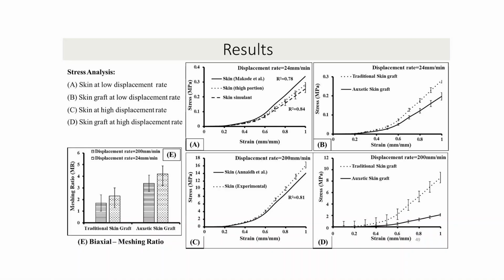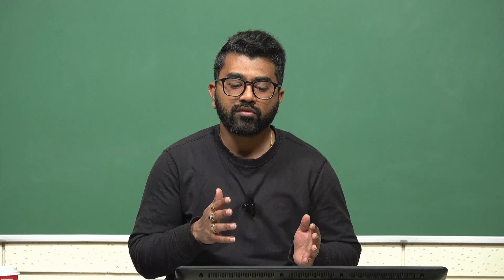By the way, this research, with just some preliminary data collected on the cadaveric skin, was conducted after we had published 10 plus articles where we looked at different designs of the auxetics. We compared them with traditional grafts, did finite element studies, and did lots of experimental studies with skin simulants.